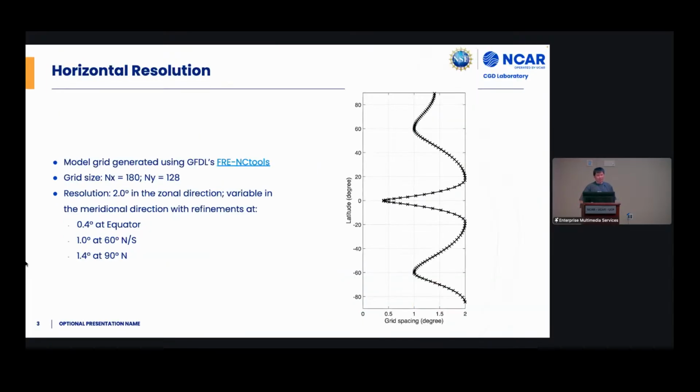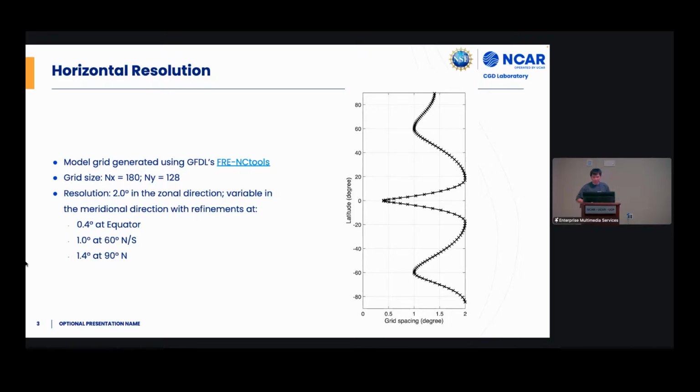The horizontal resolution for this model is 2 degrees in the zonal direction, and for the meridional direction, we have a variable resolution, which looks like what I showed in this figure.